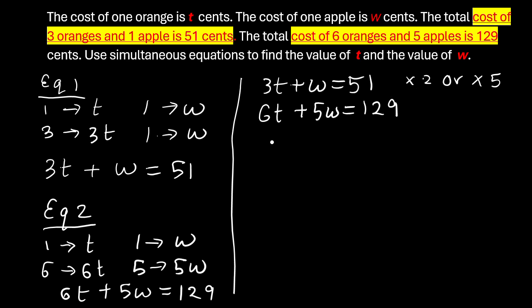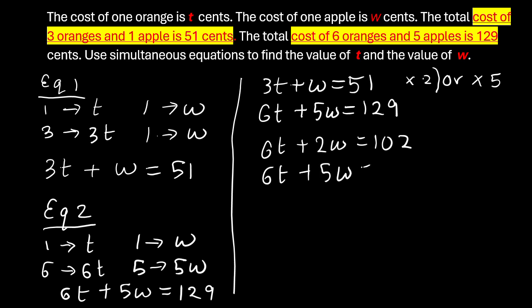So the first equation becomes, when I multiply by 2, 6t plus 2w is equal to 102. Now, the second equation remains 6t plus 5w is equal to 129.